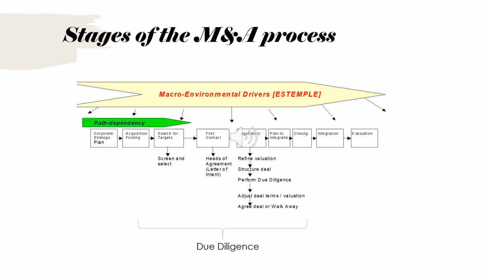There's then a search for targets, and here you'll probably use advisors such as investment banks or maybe accountants or even lawyers to start screening and searching for targets. And if you narrow that down to a particular target, you'll then engage with a first contact. Now this is often very sensitive, and so you may prefer to conduct this through a third party rather than have the two CEOs meeting.